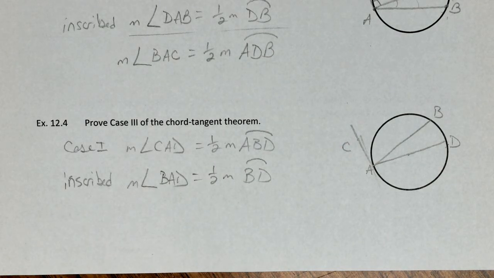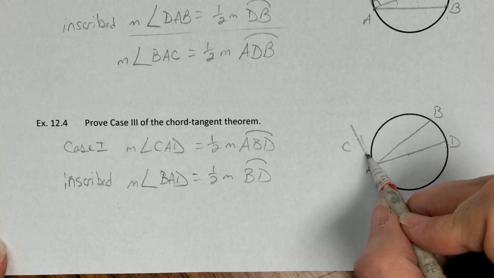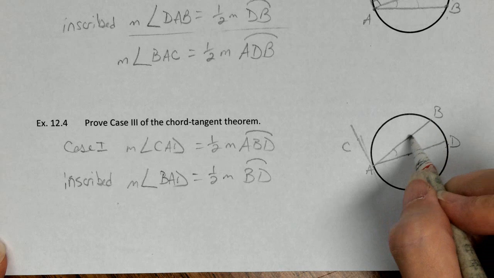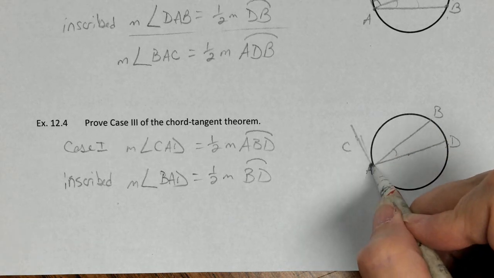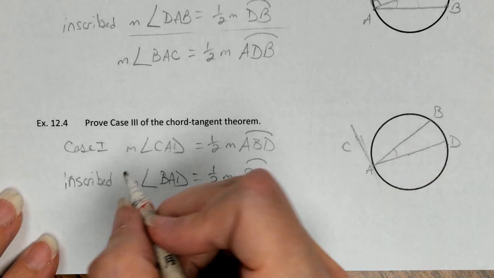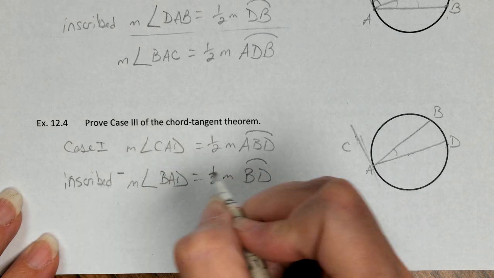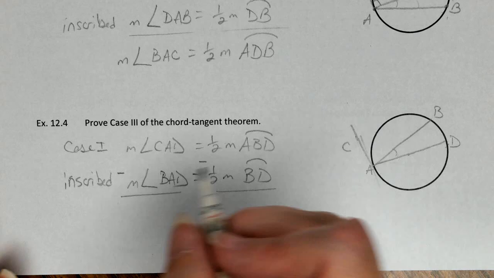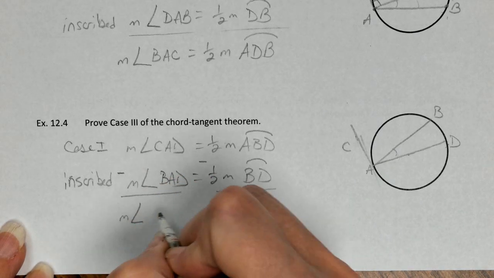And this time we're going to subtract. If we took this angle minus this inscribed angle, we would get angle BAC, which is the one we're supposed to be looking at. So this time we're subtracting. And that's giving us the measure of angle BAC.